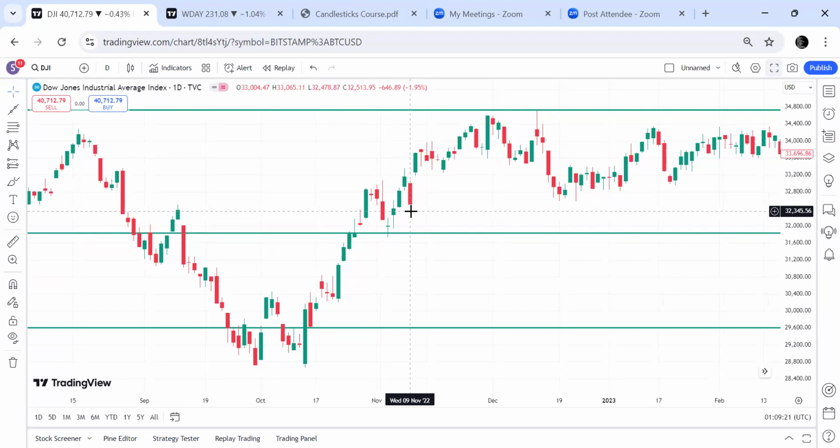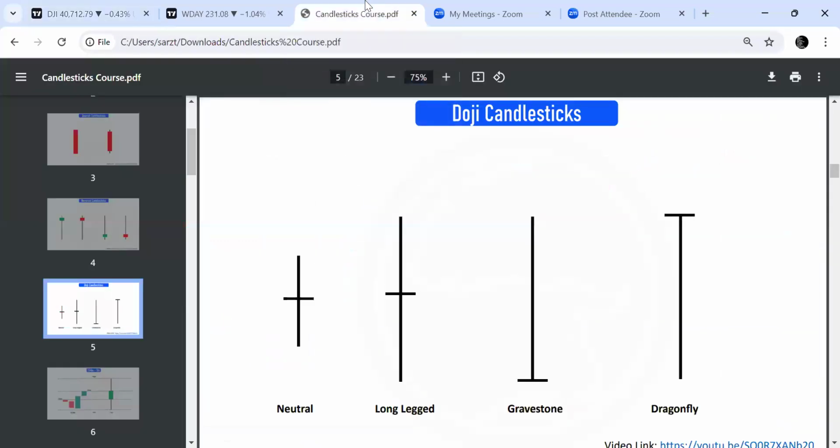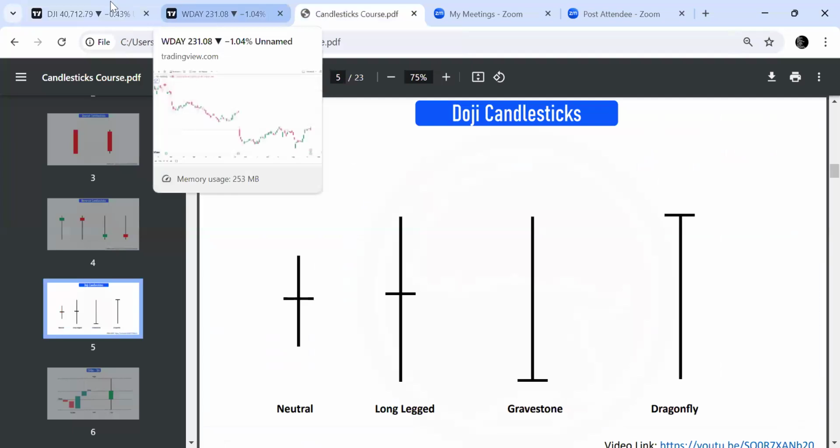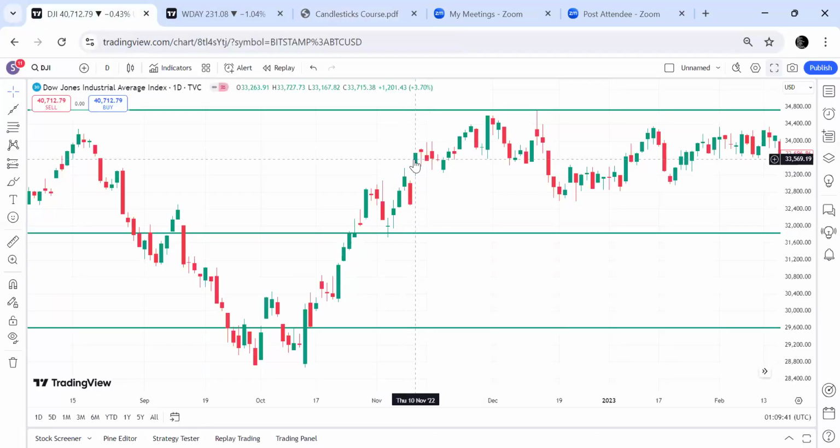The market is complex, and we have to see, for example, here a Marubozu candle forms.